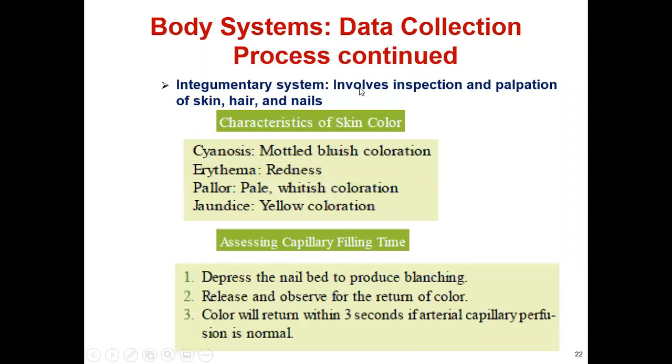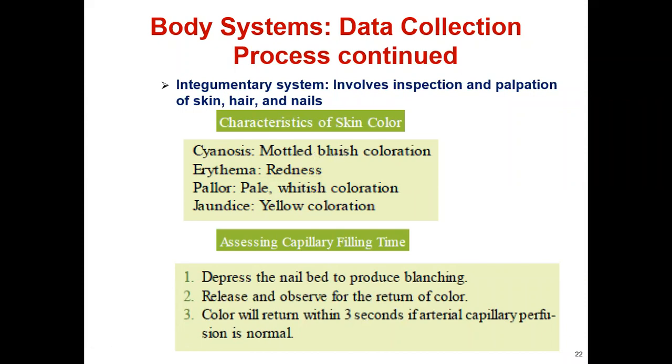The integumentary system involves inspection and palpation of the skin, hair, and nails. When you inspect or palpate, we can see different changes in the character of the skin color. If the skin is blue, we call it cyanosis, a mottled bluish discoloration.